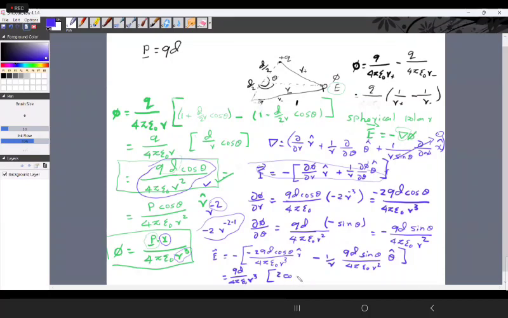2 cos theta along this r direction plus, I just got the qd over 4 pi epsilon naught r cubed, so the remaining one is sine theta along the theta direction. As well, if you need to write this qd, we know that this is equal to p.